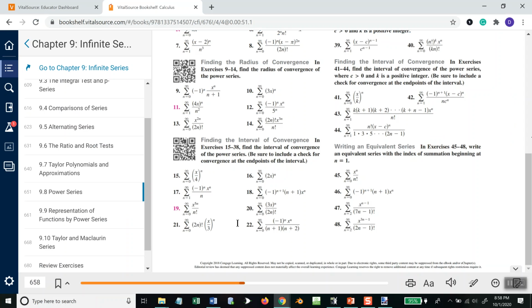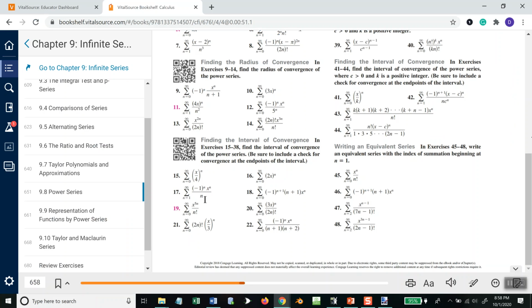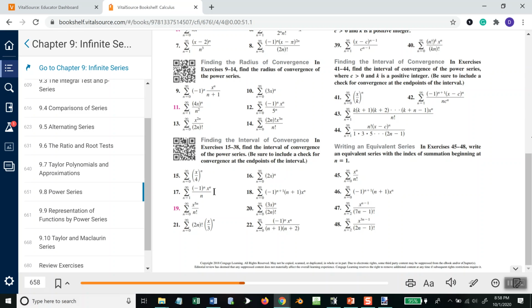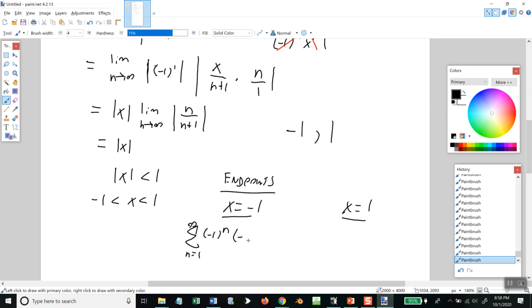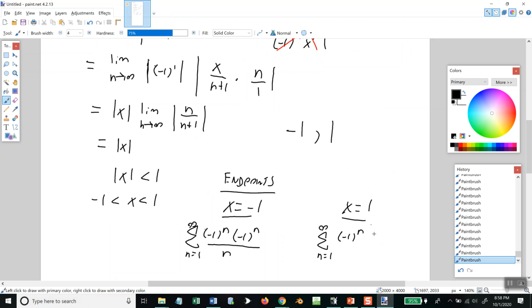Our original problem was this, summation n equals 1 to infinity, negative 1 to the n, x to the n over n. So this one will be negative 1 to the n, and plug that in for x, and our function was x to the n, so I got negative 1 to the n over n. And this one will be n equals 1 to infinity, negative 1 to the n, and plug in 1 for x, so I got 1 to the n over n.